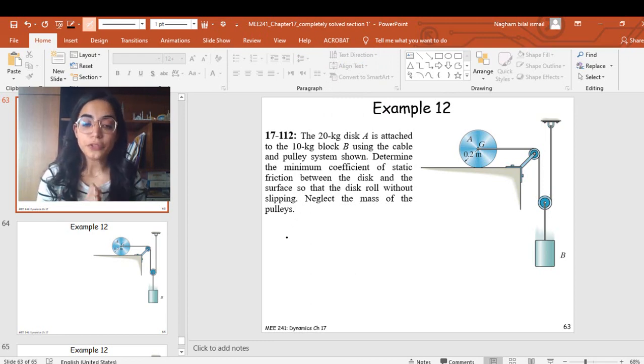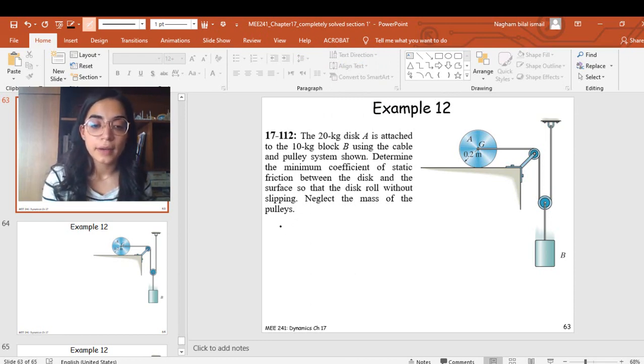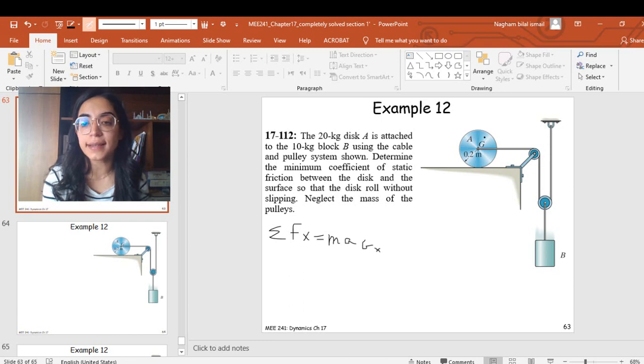Okay, guys. The first equation that I'm gonna write is sum of Fx is equal to m a_Gx. And here, of course, I mean by this a_Gx of this disk. All right? And if I take a look here, guys, on this disk, what is the rotational direction of this disk, how it can move?